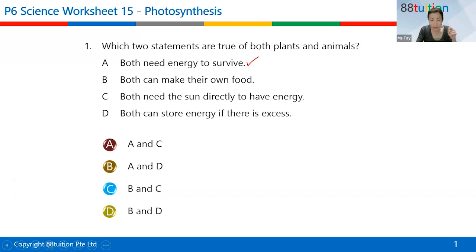Next one, both can make their own food. True or false? False. Which one can make food? Only plants. Is it true that all plants can make food? All parts of plants can make food? They can only make food if they have chloroplast, if they have chlorophyll. Remember?